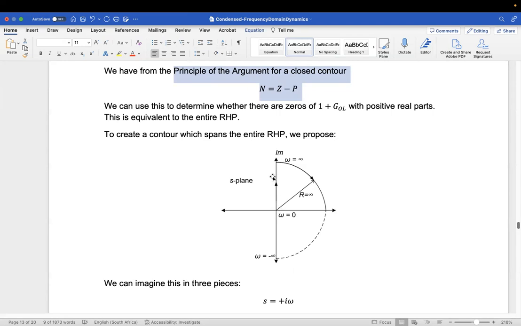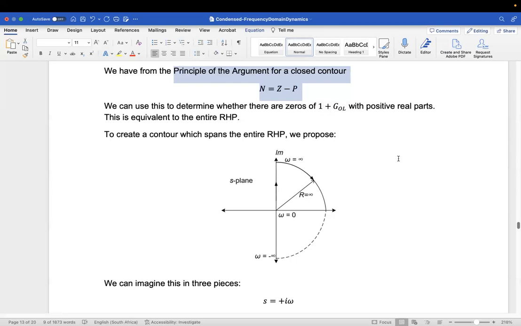So if we let s equals i omega and we let omega go off to infinity, and then let's say we pick some point where omega is tending to infinity. Then we travel as our next path around this curved part, so this is now subtending the entire right-hand plane. Remember, omega equals infinity. So this is an infinite semi-disk.